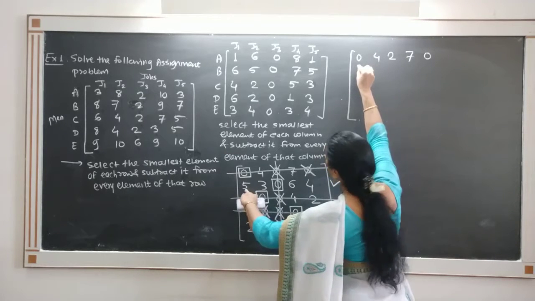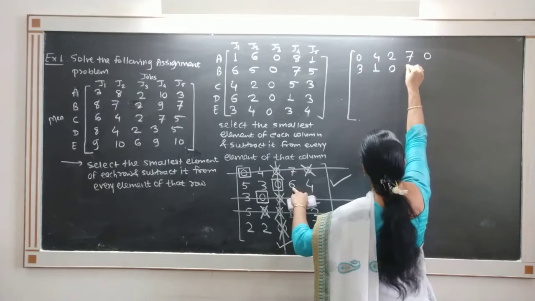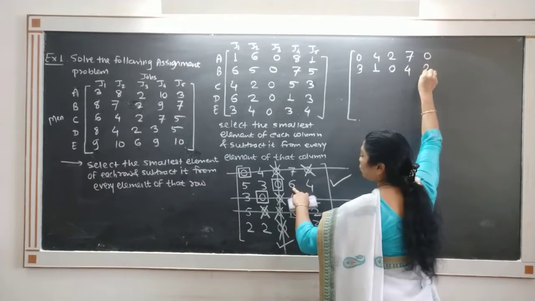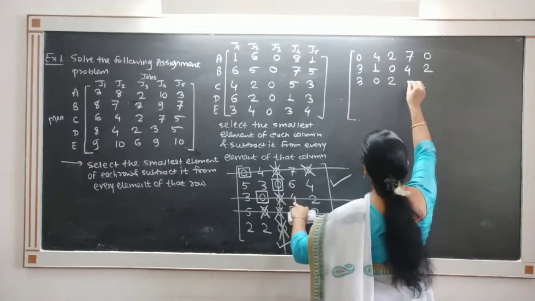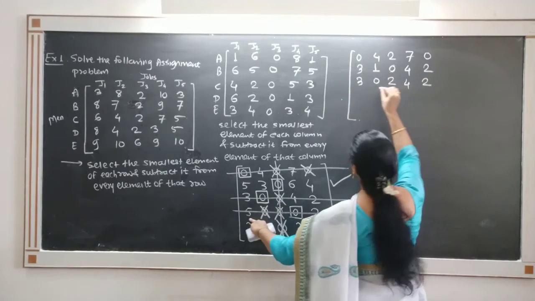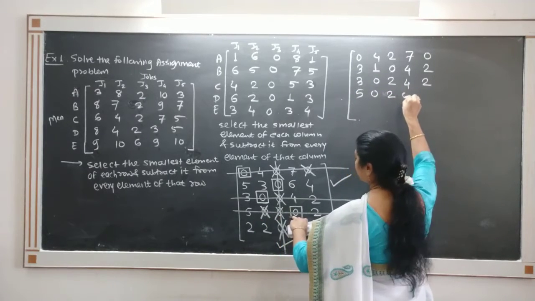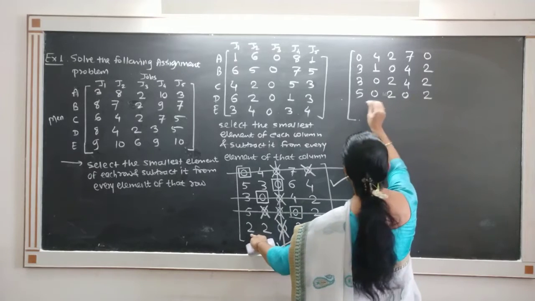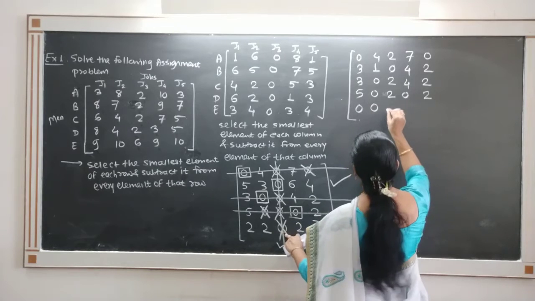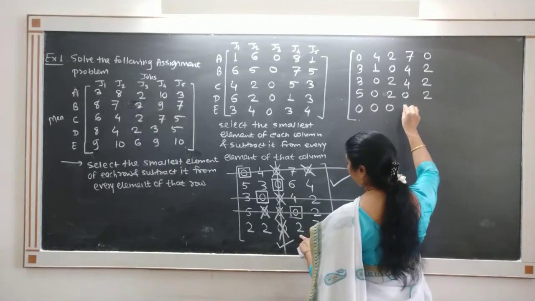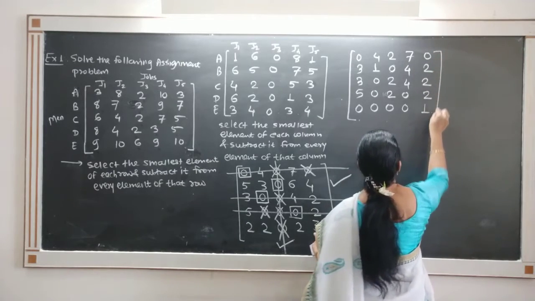So we subtract 2 from this, 3, 1, 0, subtract 2, 4, 2, 3, 0, add 2, 4, 2, 5, 0, add 2, 0, 2, and the last row becomes 0, 0, 0, subtract 2, so 0, and subtracting 2 remains 1.